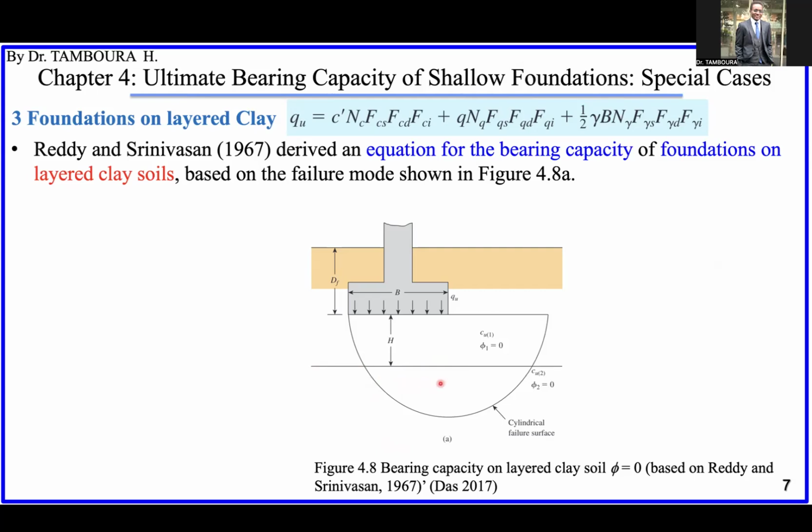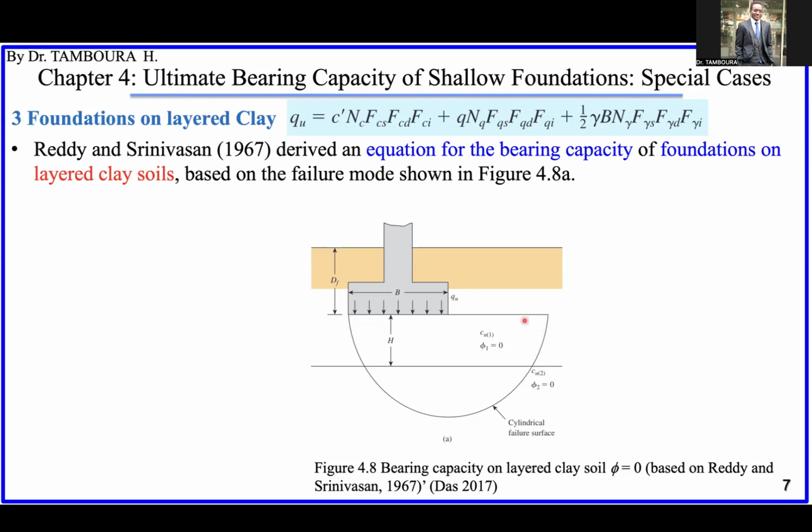This line shows the boundary between the first layer and the second layer. You can read here, cylindrical failure surface. So the failure surface is here. It means that after loading the foundation, this is how the failure will happen in the ground.